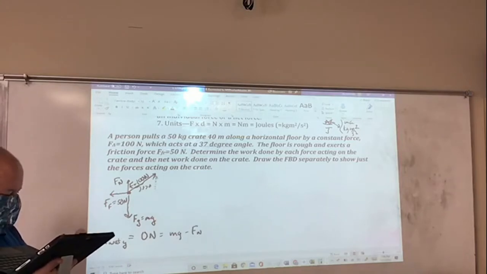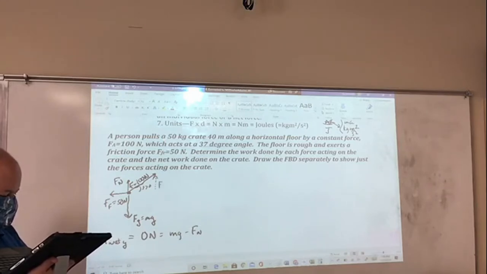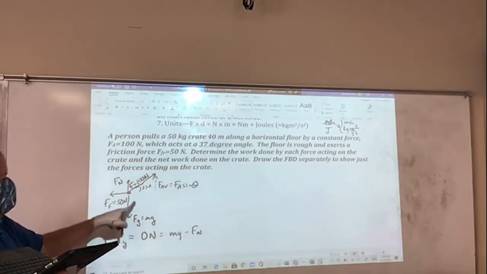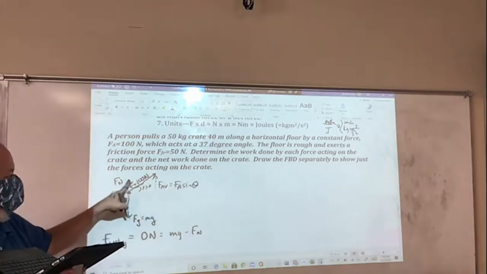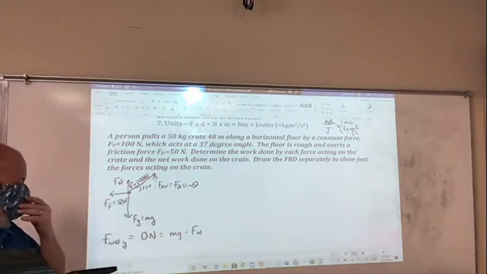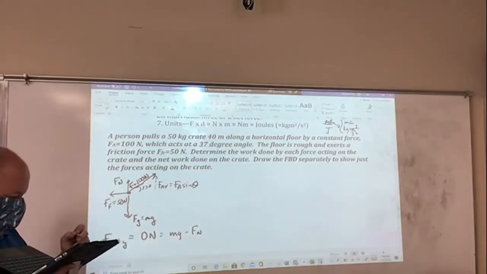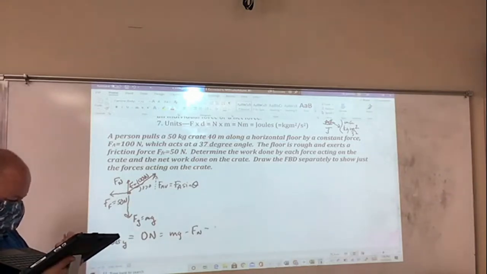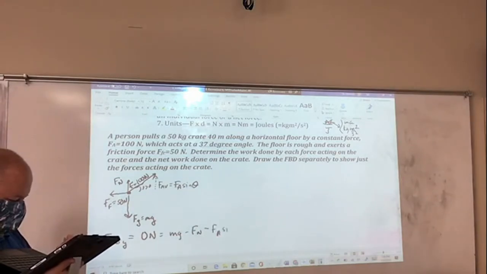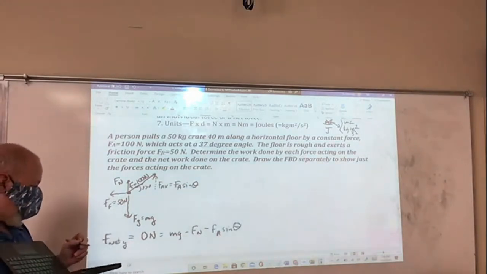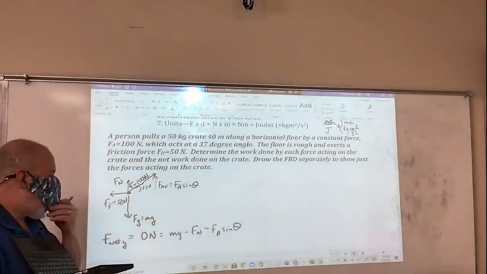And the other vertical force is Fa in the vertical direction, which equals force A times the sine of theta. So the force due to gravity is going to be balanced by the sum of these two things. If I wanted to, and I don't need to here, I could find out what all of these different forces were, minus force applied times the sine of theta. So I could figure these things out.